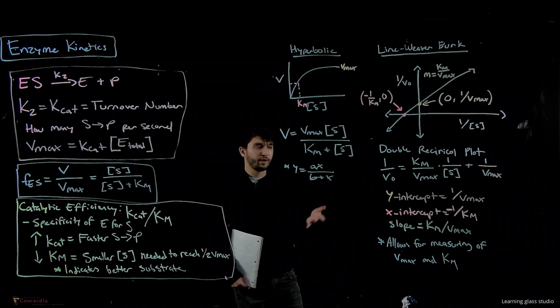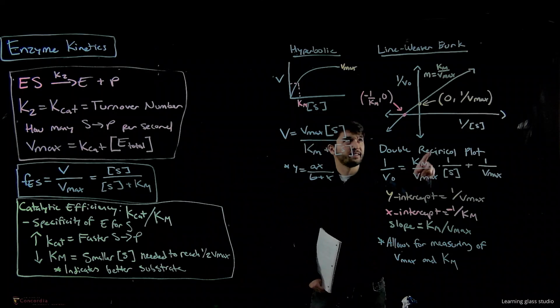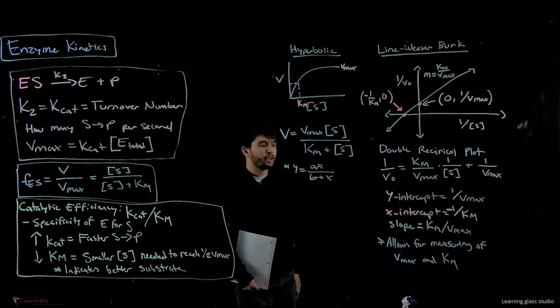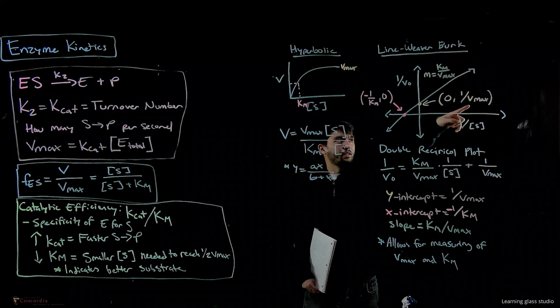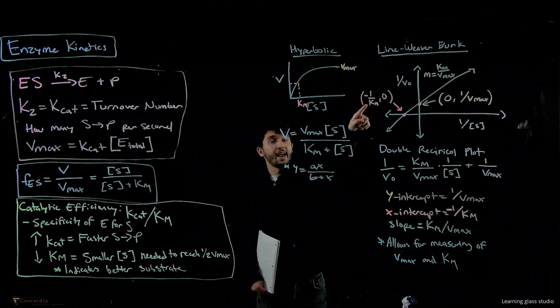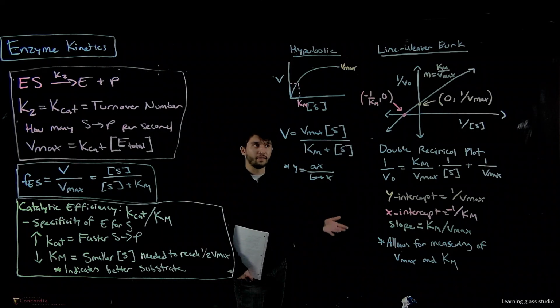You might notice if we compare this to the equation y equals mx plus b, where m is the slope, the slope here is actually equal to Km divided by Vmax. The other important thing is that the y-intercept here is equal to 1 divided by Vmax. The x-intercept is equal to negative 1 divided by Km. So it's actually pretty easy once you get this equation to calculate the x and y intercepts.